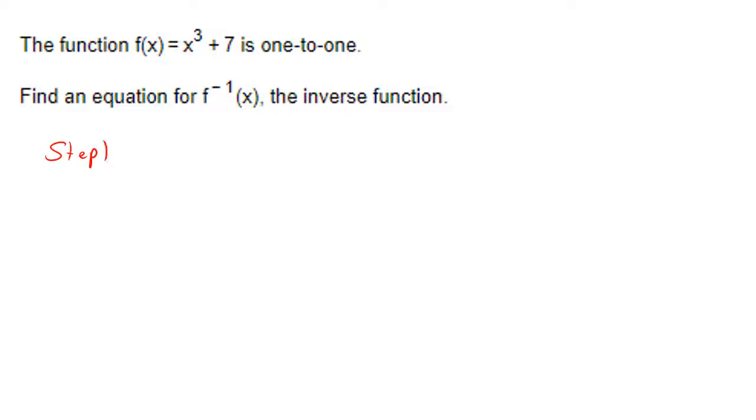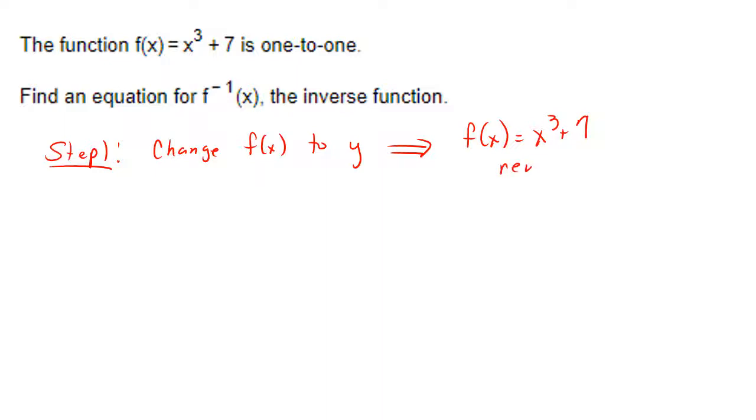First, in step 1, we will change the f of x notation to the letter y. That means we start off with f of x equals x to the third plus 7, but we will rewrite that as y equals x to the third plus 7. So simply change f of x to the value y.